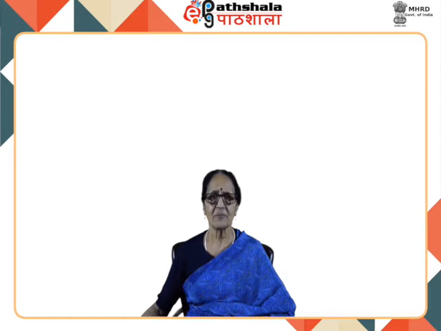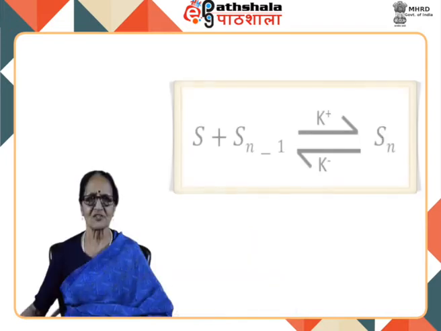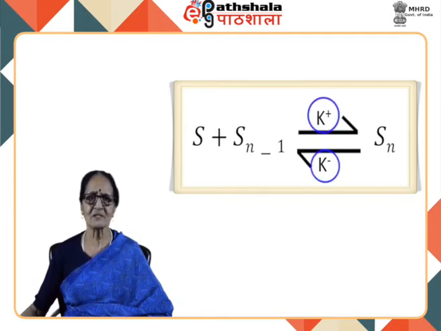That is, it represents the association and dissociation rate for a single molecule entering and leaving the micelle, which can be represented by the equation as shown: S plus Sn minus 1 is in equilibrium with Sn. Here k plus and k minus represent the association and dissociation rate constants respectively for a single molecule entering or leaving the micelle.